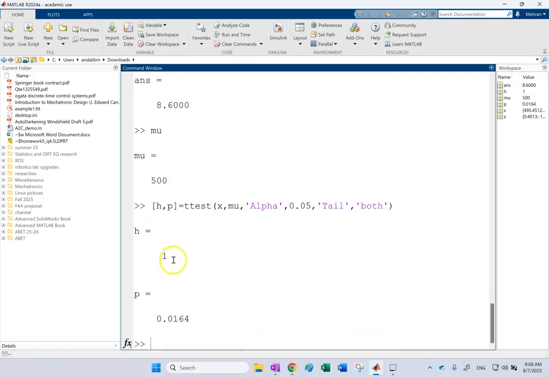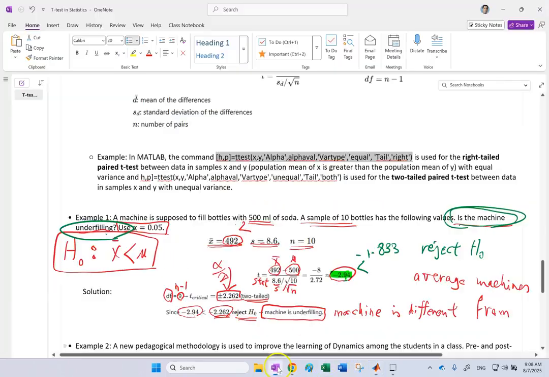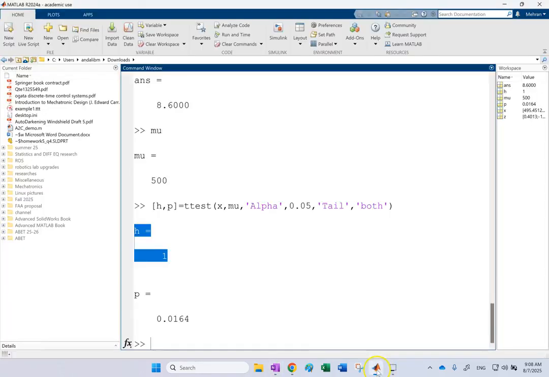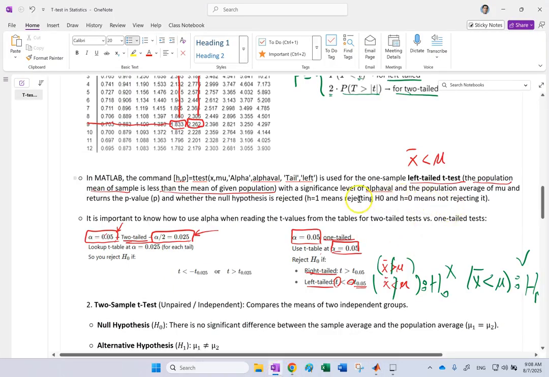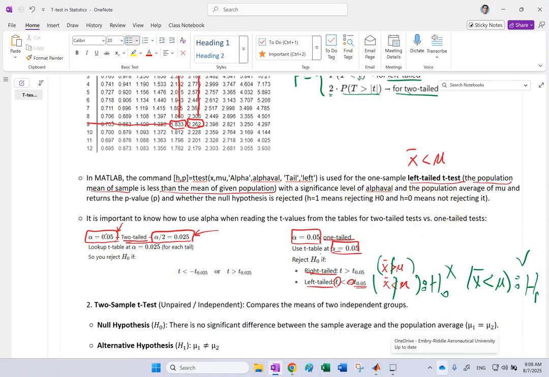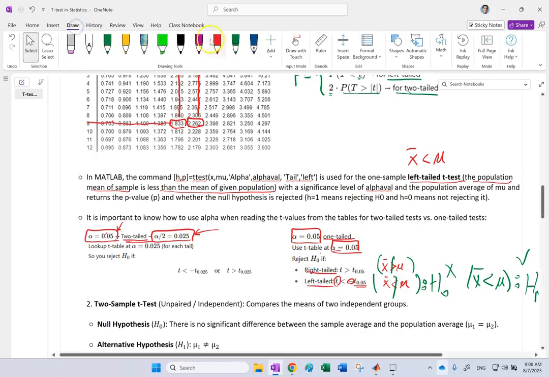Look. Your h is 1. Remember, 1 means what? Look at your p-value. Your p-value is 0.01. You see, it's less than 0.05. And h of 1 means what? Let's go back and look at it. H of 1 means you reject the null hypothesis. Yes, I have to reject that.